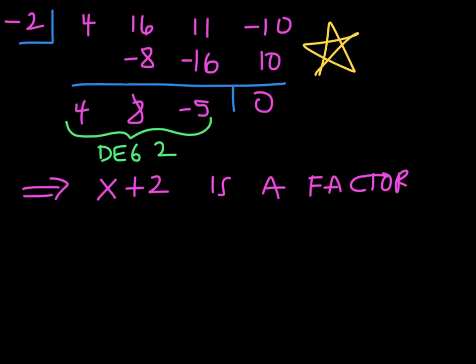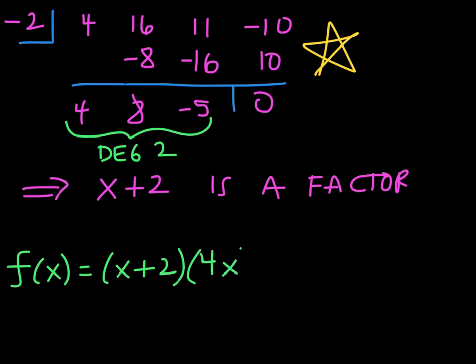So what we can say is that our function can be rewritten as, now x plus 2 is a factor, and then your quadratic right here is 4x squared plus 8x minus 5. Now we should continue to factor this if we can.